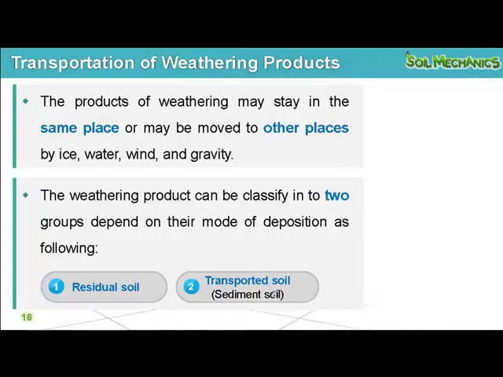First is residual soil, and the other group we call transported soil.